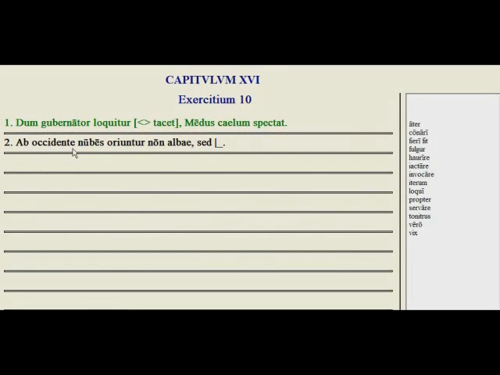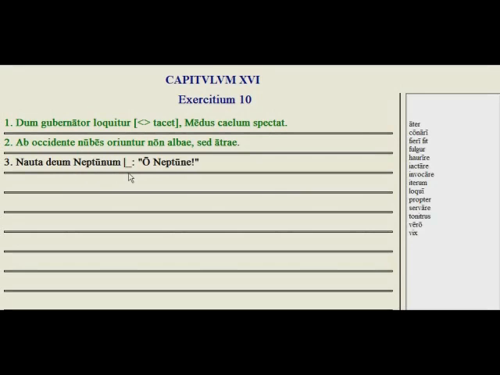Ab occidente, from the west, clouds arise, not white, so not white clouds arise, but the opposite of white. In this chapter we learned that ater, atra, atrum is the same as niger, nigra, nigrum, meaning black, so atras. The sailor, nauta, calls upon the god Neptune.